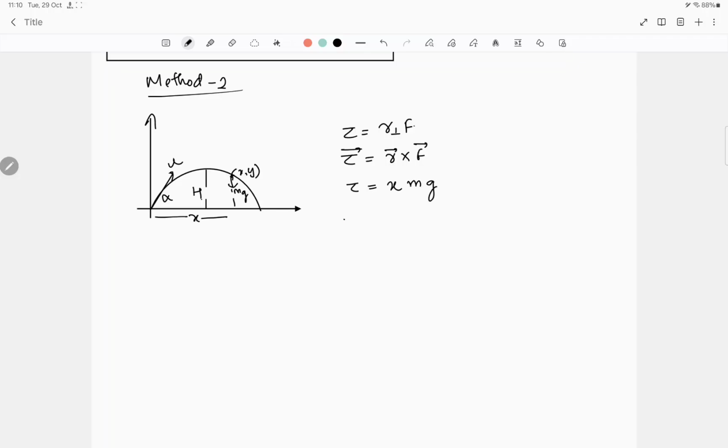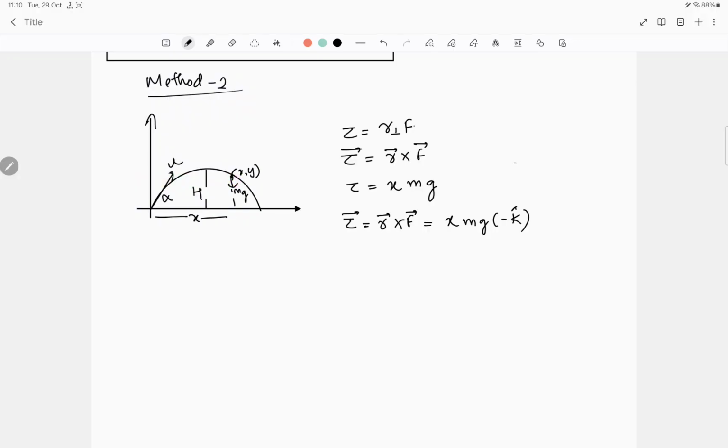In vector form, tau is equal to r cross f. This means x into mg into minus k cap. How did I write minus k cap? This is another chapter, I'll explain it to you shortly.